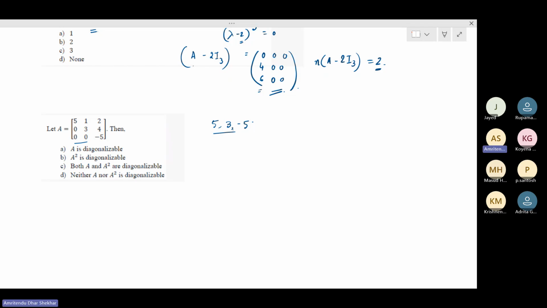The geometric multiplicities would also have to be equal to 1, because the eigenspace of each eigenvalue is at least of dimension 1, and you have 3 different eigenvalues. So we can conclude that the dimension of the eigenspace of each of these eigenvalues is exactly equal to 1. So the algebraic and the geometric multiplicities are the same, and therefore A is diagonalizable.